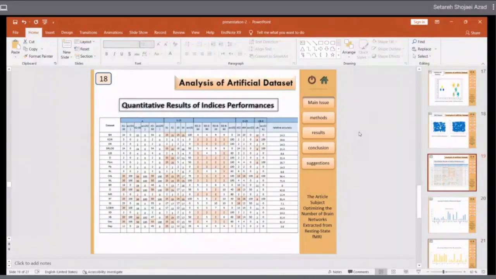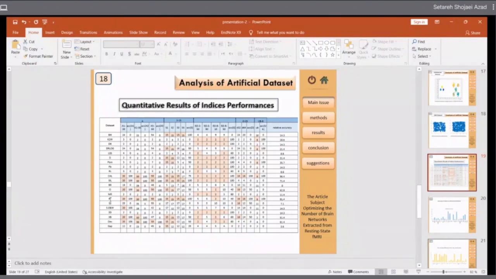Okay, sorry. As you can see, the relative accuracy of these indices is clear in the table.